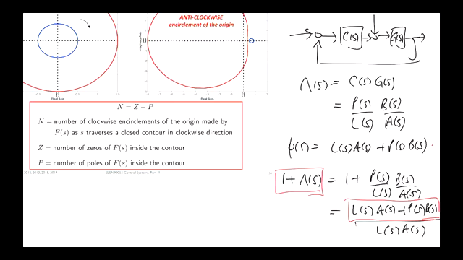Given a plant and controller, we know how many poles this rational function has in the right half plane, because it's just the number of open loop poles in the right half plane. For closed loop stability, we want this rational function to have no zeros in the right half plane.